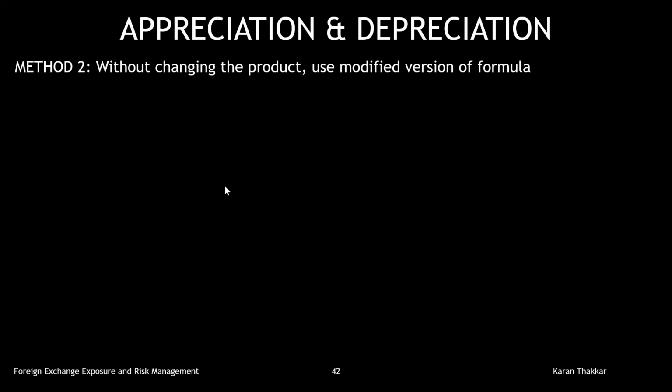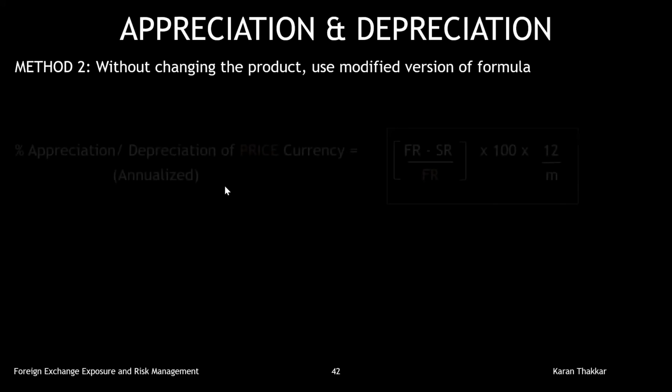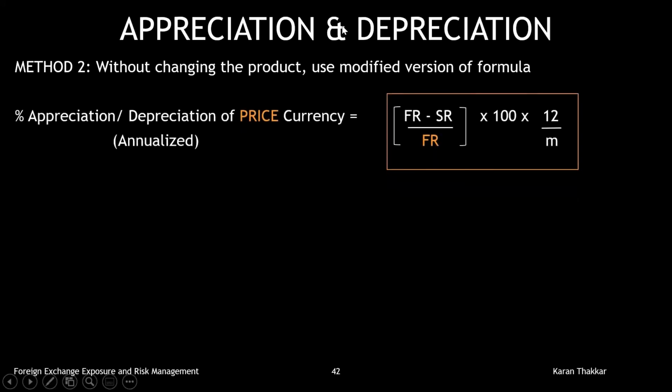So in the second method, you don't change the product of the quote, but you make use of a modified version of the formula, which is this one. This is basically forward rate minus the spot rate upon forward rate. Notice it is not spot rate, it is the forward rate, into 100 into 12 by M. So everything remains the same, only instead of spot rate, you have the forward rate.